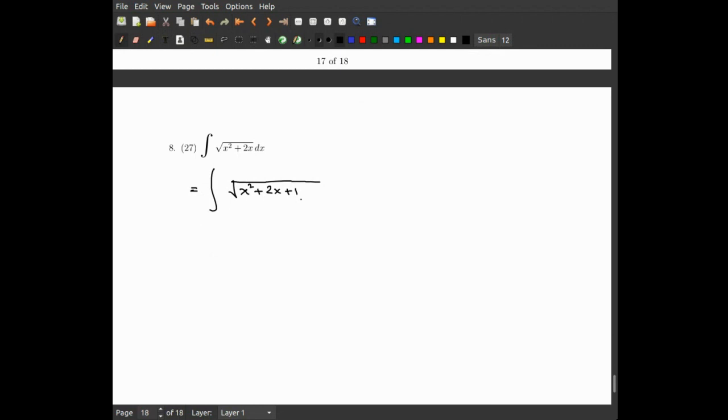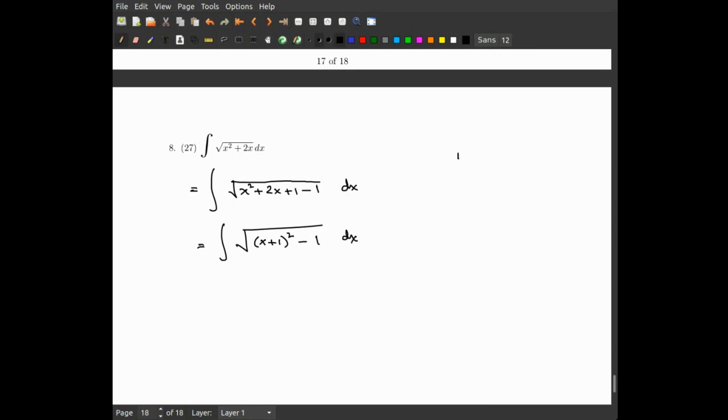But the bad news is that 1 is not there. Since 1 is not there, but still we have written 1, we have to also subtract that 1 as well. We are just adding and subtracting at the same time. Then we have square root of x plus 1 whole squared minus 1 dx.